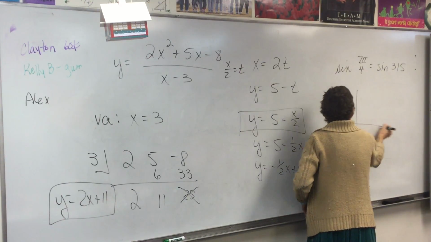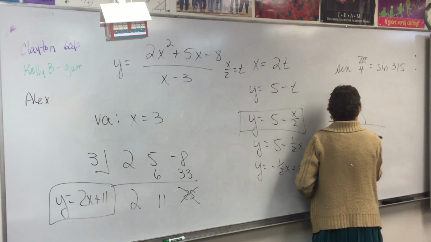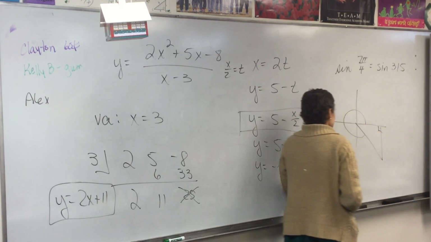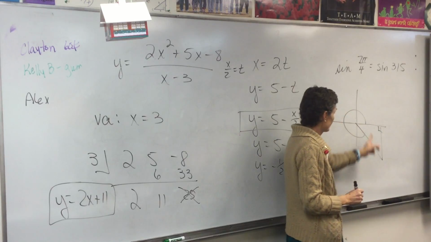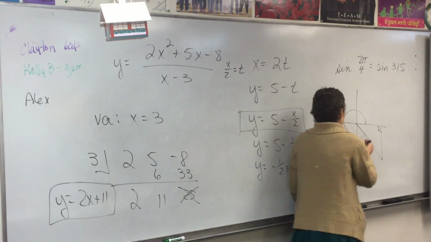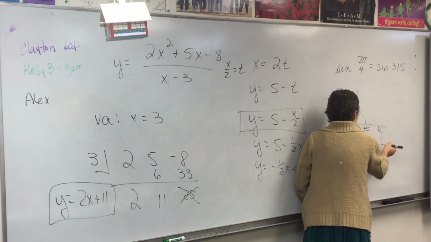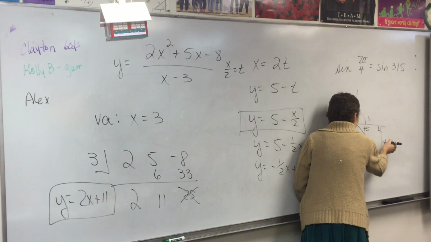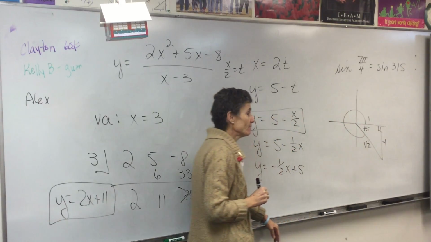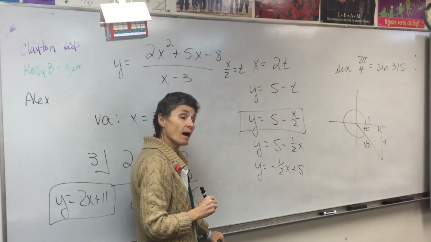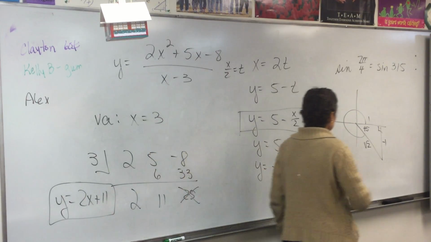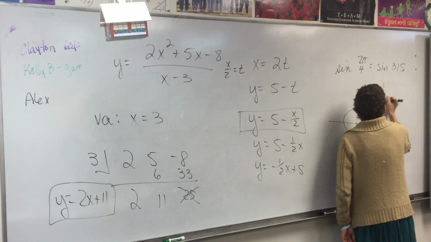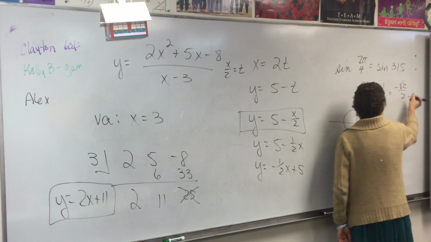So we've got the sine of 315, which is all the way around here in quadrant 4. What's the reference angle for 315? 45. So that means we got a 1, a 1, and a root 2, and that one is negative. I want sine. Sine is opposite over hypotenuse. So negative 1 over root 2 or negative root 2 over 2.